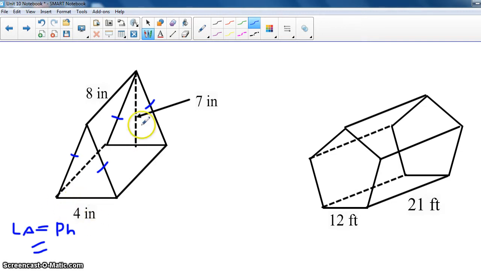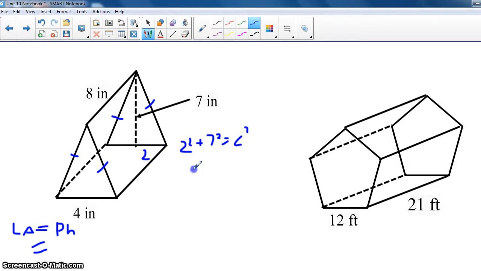To find the missing parts, I know one length of the side of my triangle is 4. I also know the height. So I'm going to need to do a little Pythagorean theorem. So 2 squared plus 7 squared equals c squared. And I'll go through this kind of quick. 2 squared is 4, 7 squared is 49.